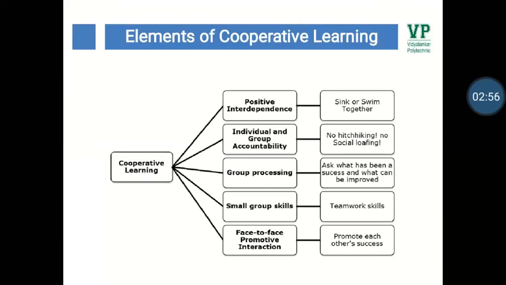Small group skills is the fourth essential element of cooperative learning. Small group skills are required in order to function effectively as a part of a group. Face-to-face promotive interaction is the fifth essential element of cooperative learning. It focuses on group members promoting each other's success.